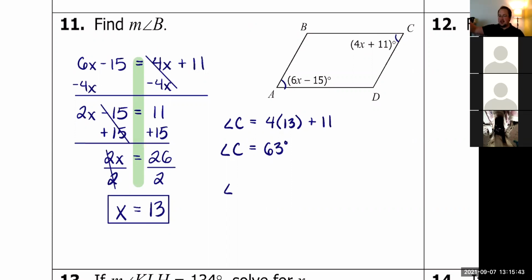I wouldn't want to add angle C and A together because that doesn't quite get me to angle B. But angle B and C are consecutive. And I forget which number it was on the front, number 4: consecutive angles are supplementary, which means if I took 180 minus angle C, which is 63, I get that angle B, I believe, is 117.